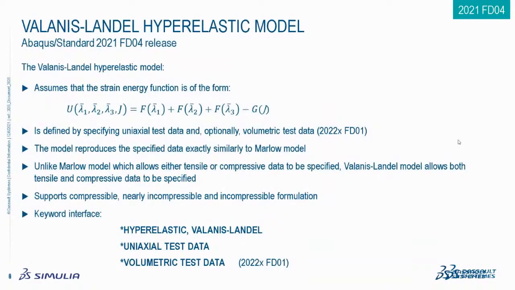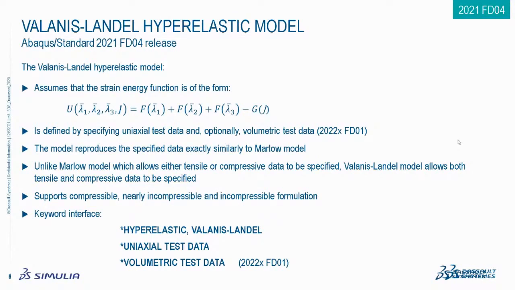For the next few slides, I'm going to go through fairly quickly and describe some new material models that are available in Abacus. The first is the Villanis-Landau hyperelastic model, first available in 21 FD04. What this model is basically about is that it allows us to take a test data curve and exactly reproduce that curve in the simulation.